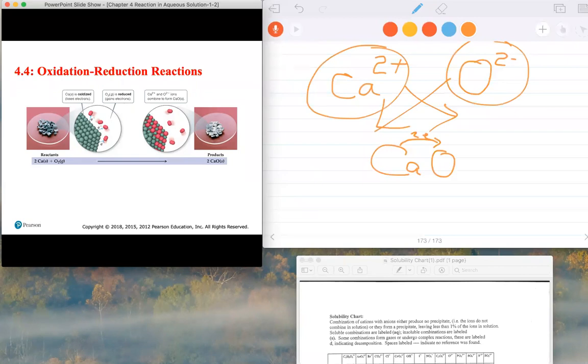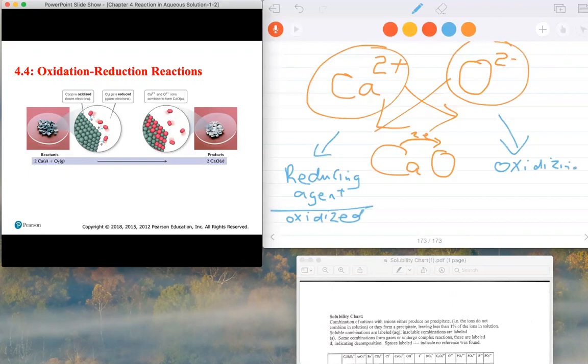This right here is the reducing agent, and it is oxidized. This is the oxidizing agent, and it is reduced.